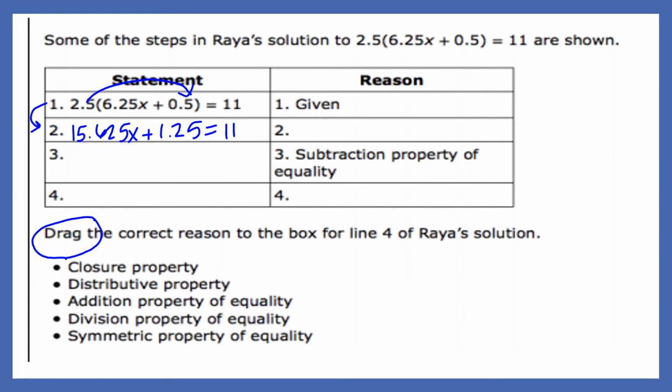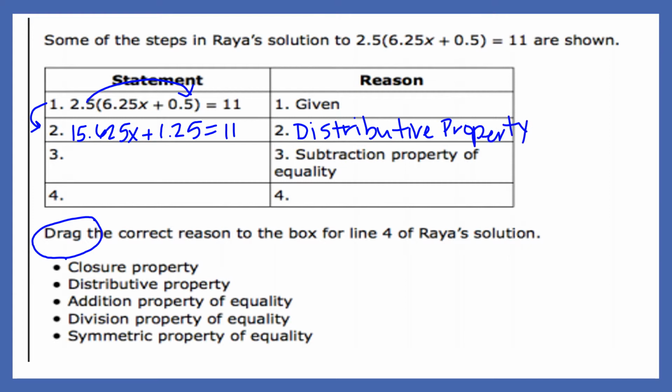It's just written in what is called a 2-column proof, which you're not familiar with entirely yet, but that's what this format is called. Okay, so what did you use to get that? Well, we said at the beginning, you used the distributive property. So if you had to actually drag your answers, you would drag distributive property here.